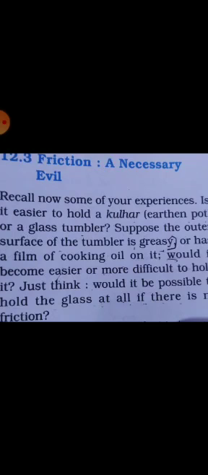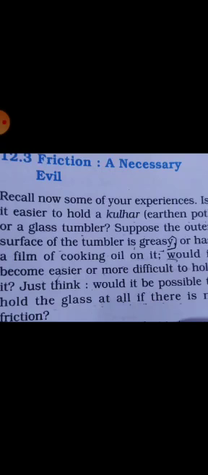On the other hand, you have the disadvantages of friction.